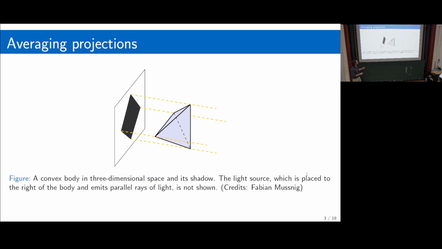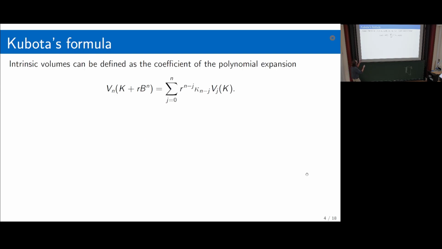For example, we can consider all the possible projections onto a hyperplane, though you can fix other dimensions, and then average the measures of these projections to obtain something. We will get there in a second. This is explained by the so-called Kubota formula.